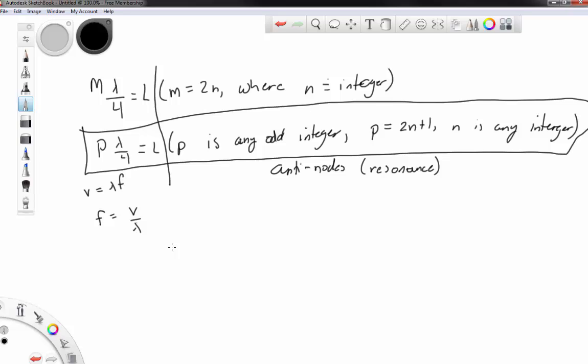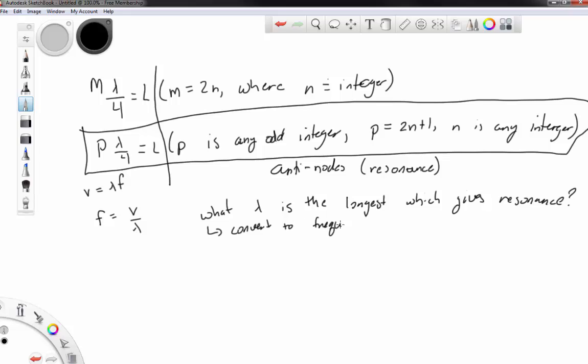So that basically means we're solving for what lambda is the longest which gives resonance, and then convert to frequency. And that's going to be the shortest frequency.